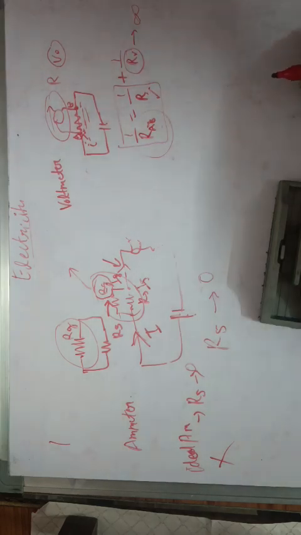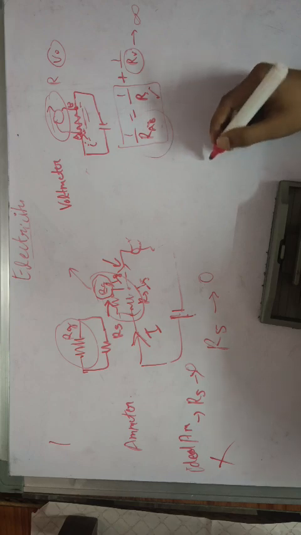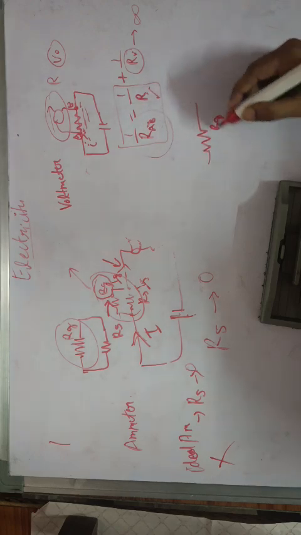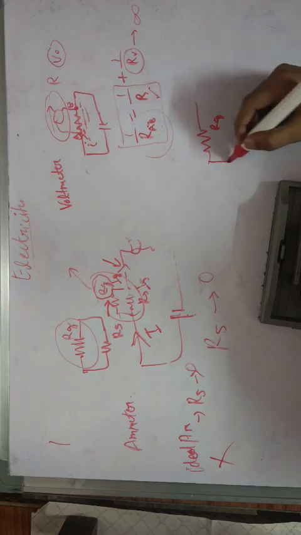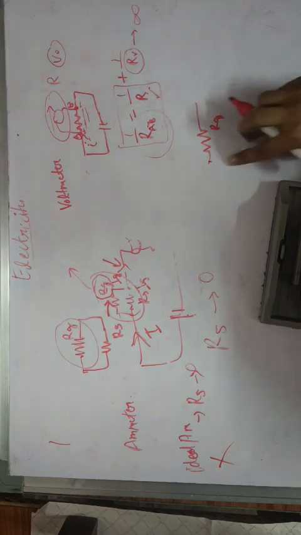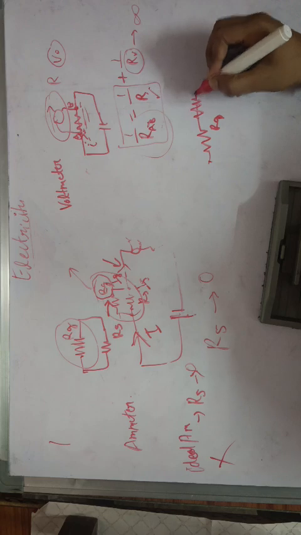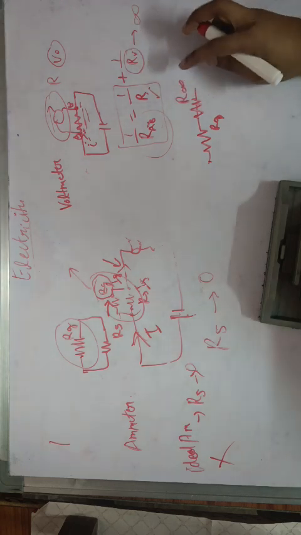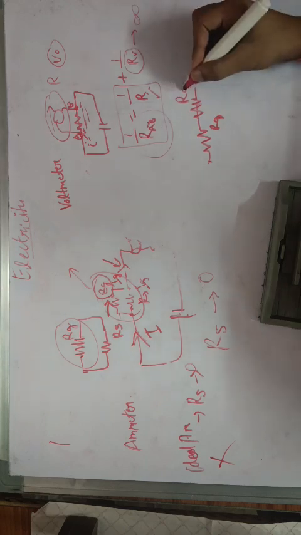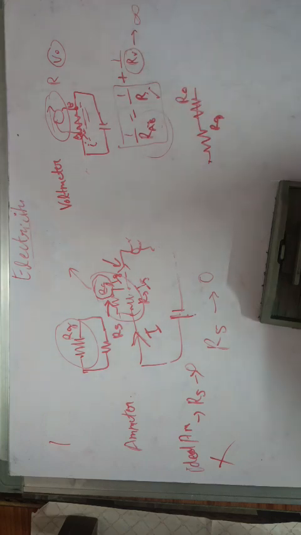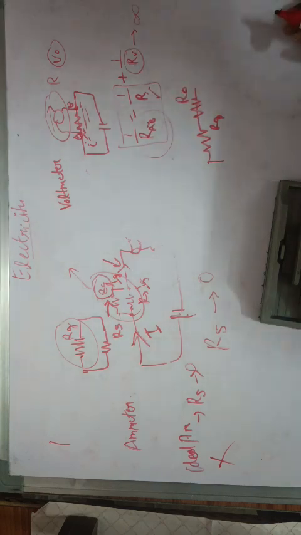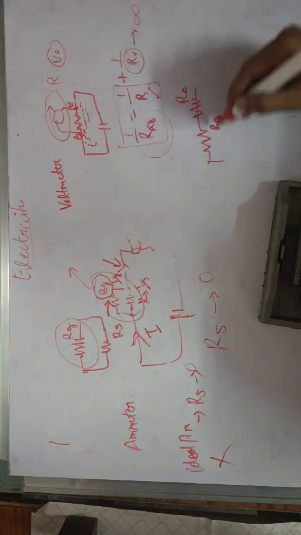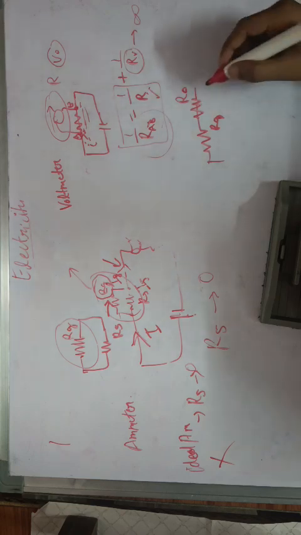So in a voltmeter, we use a galvanometer, which has resistance RG, and in series with it, there is a very large resistance which tends to infinity. Let's say R not is the resistance which tends to infinity, so that the resistance of this whole circuit is very large.